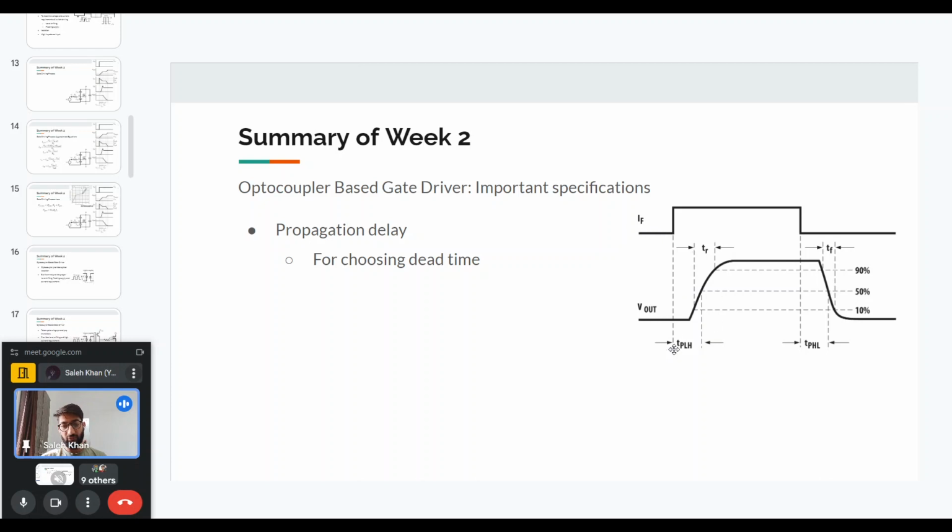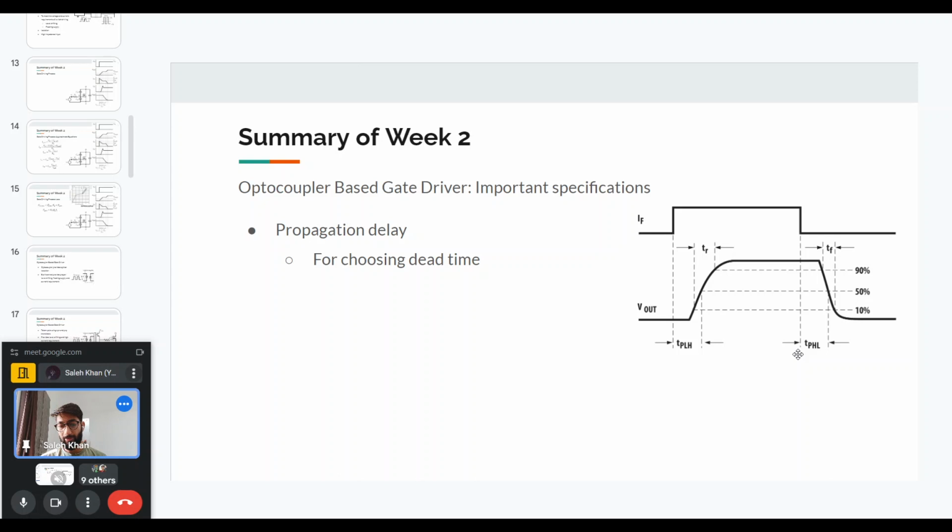And we have to take into account the delay, because if we don't, we may think the top device is off, but because of the delay it is actually still on, and then we have given a pulse to the bottom side switch. The reason is that the rising delay and the falling delay may not necessarily be the same. If the rise and fall time delays were the same, then this problem may not arise.